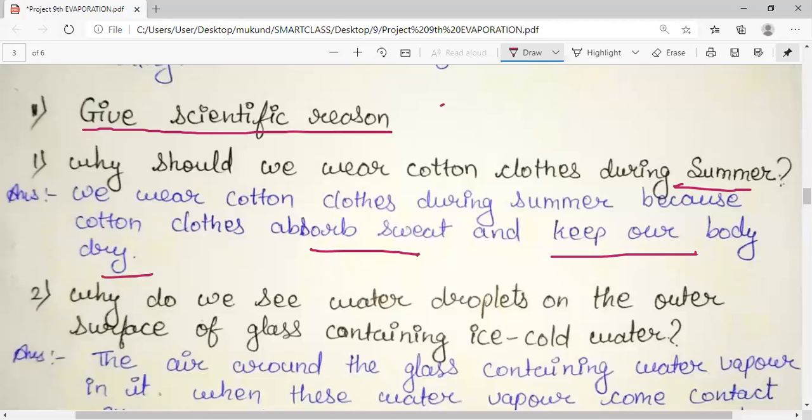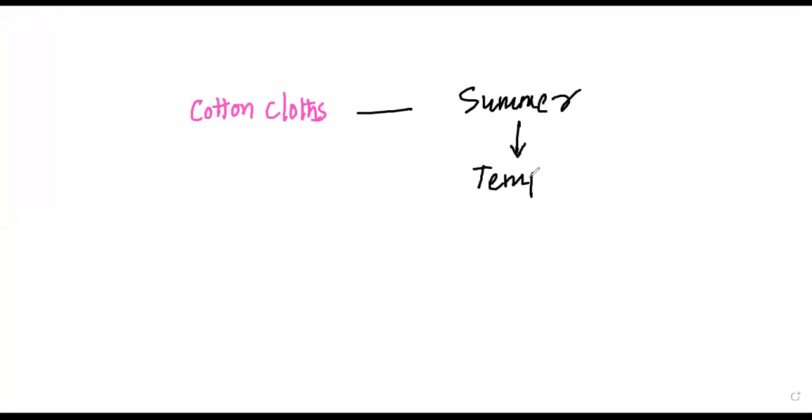Now see, we need to understand why we should wear cotton clothes. Please pay attention, my dear students. If we have cotton clothes and if there is summer, what happens during summer? Temperature is high. So we feel hot.